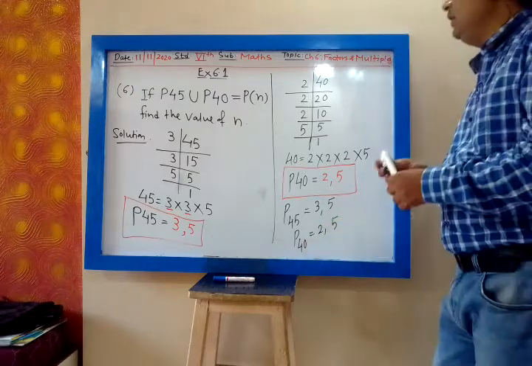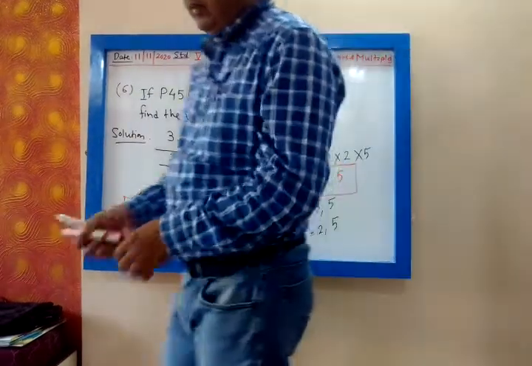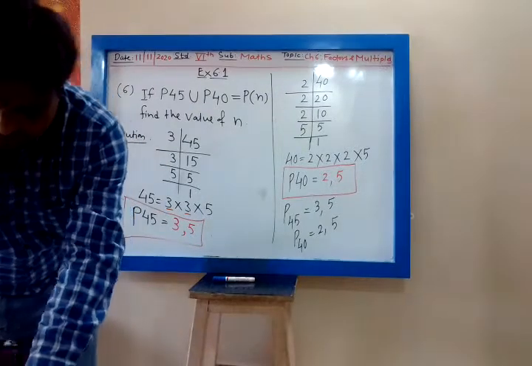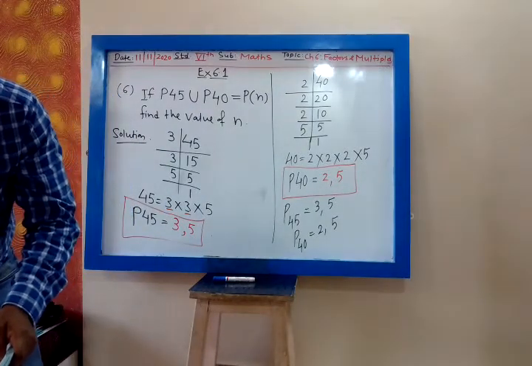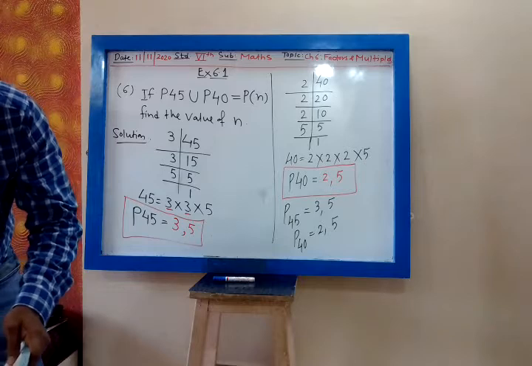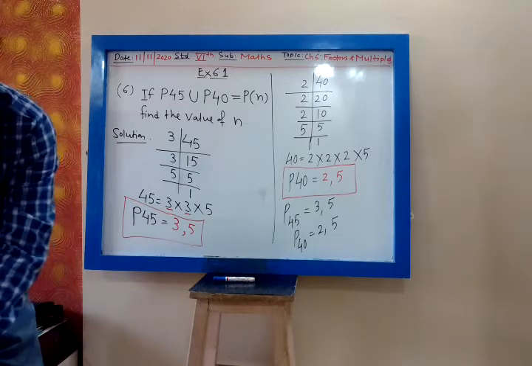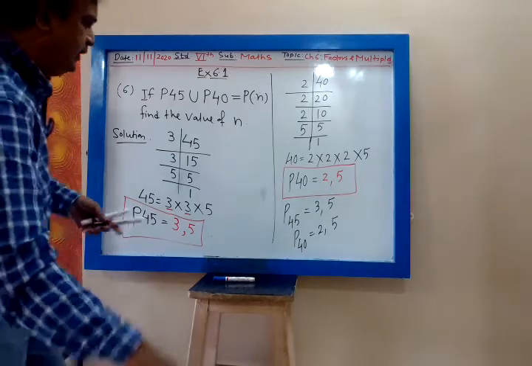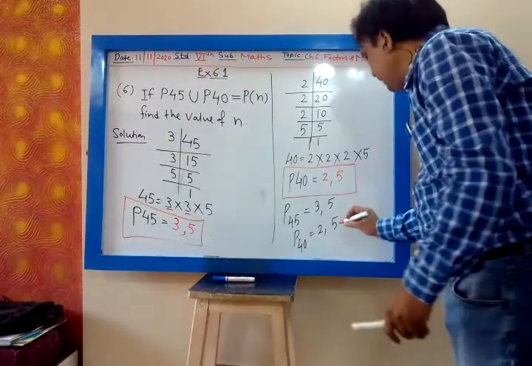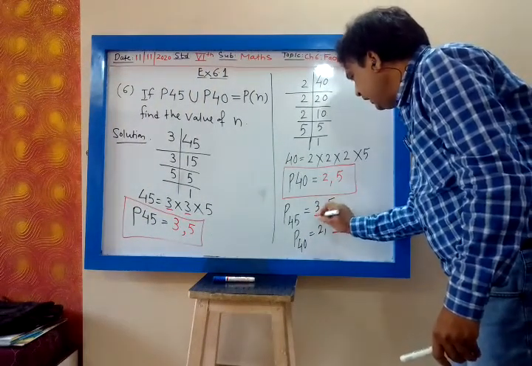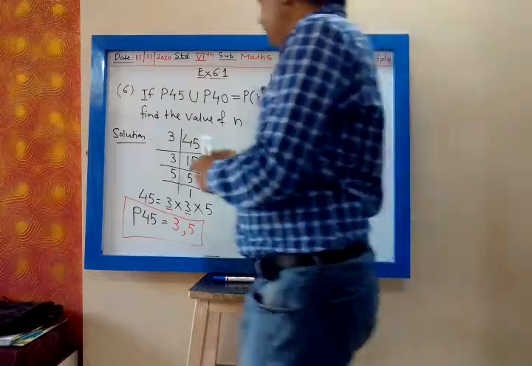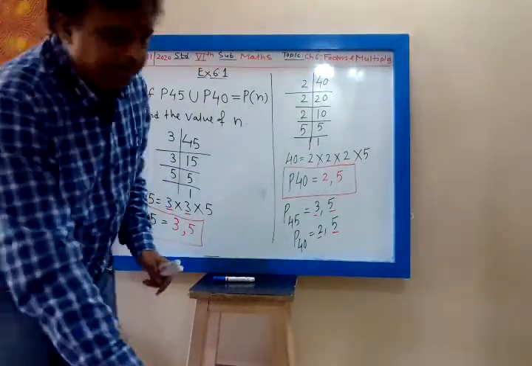Whenever it is union, we take all the numbers. 5 we write only once, then 3 and 2. So that is 2, 3, 5.